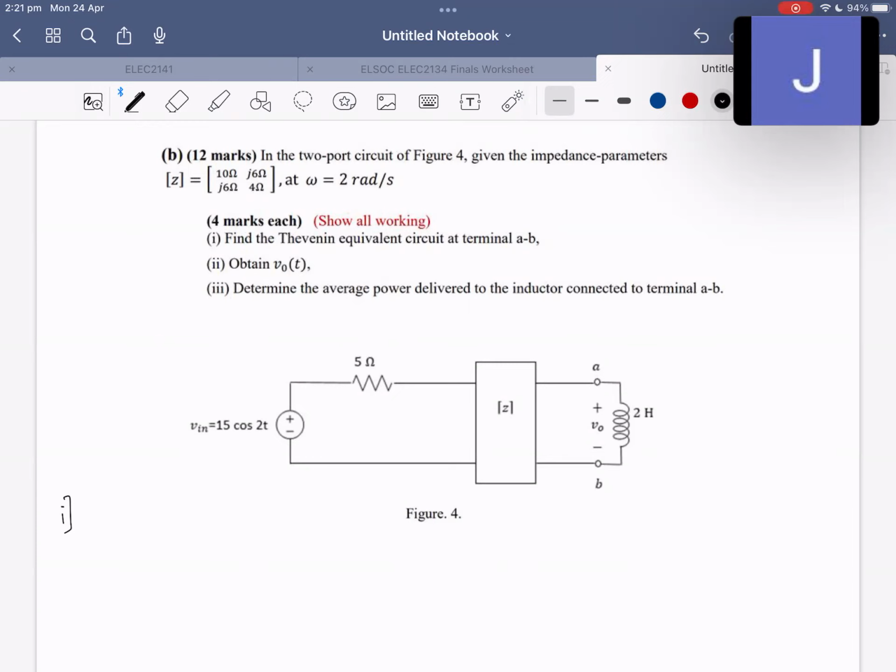We need the impedance seen at terminal AB, and the open circuit VAB, because that's the Thevenin voltage. So we need two things.